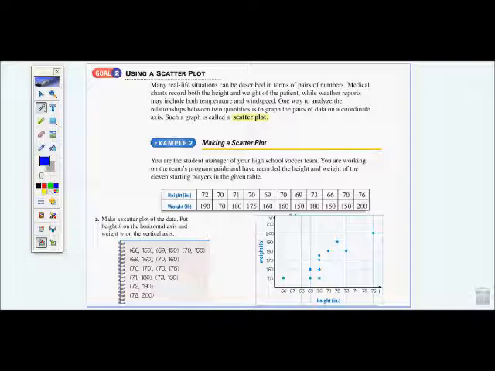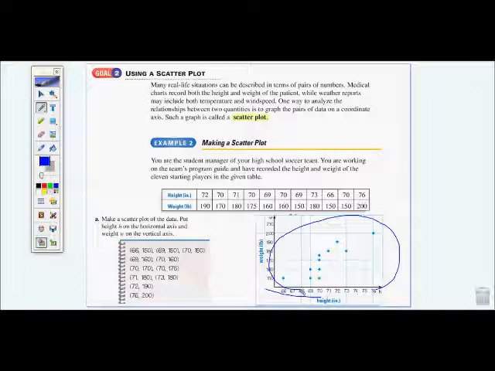The data here about the student manager of a high school soccer team talks about the height and the weight of some players. Now, these are just randomly picked from some of the soccer teams, and so you're going to see that when I go to plot these, I will not have a perfect linear or line graph. I have what's called a scatter plot.